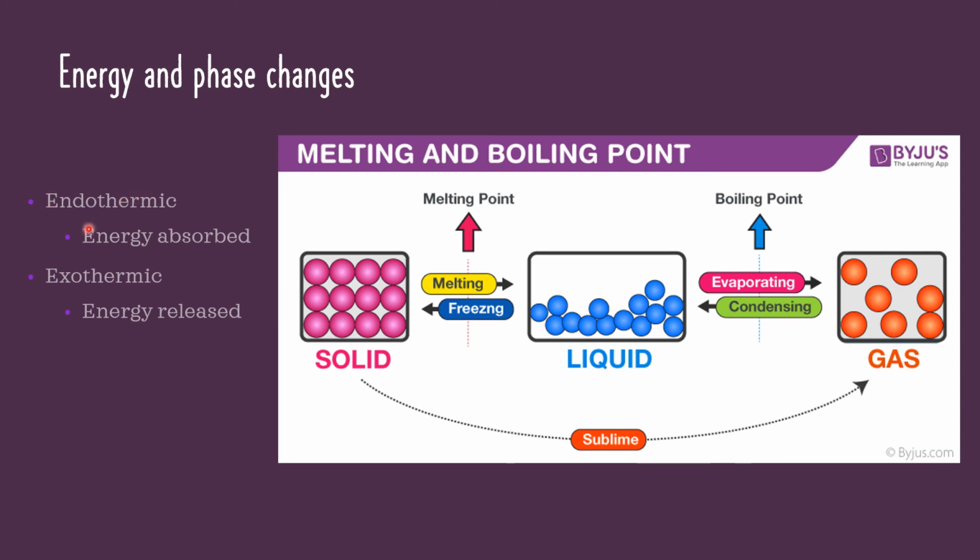Endo means inside, exo means outside. Endothermic is where you need to have the heat coming from the outside in. Exothermic is where the heat is given off to the outside.